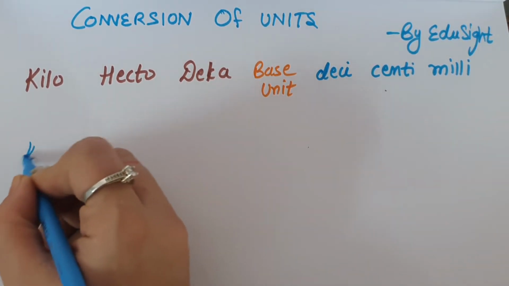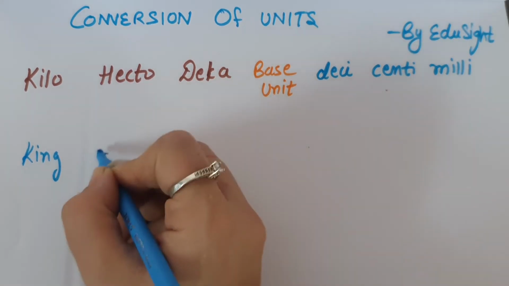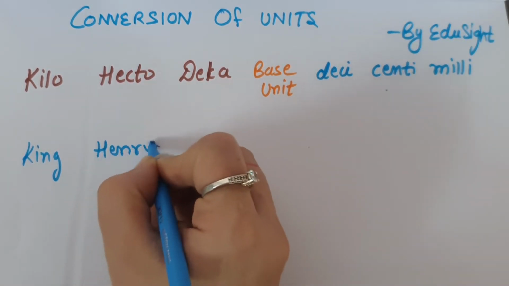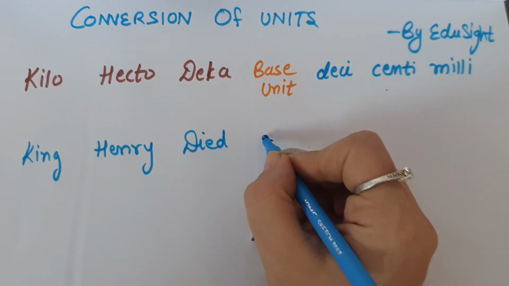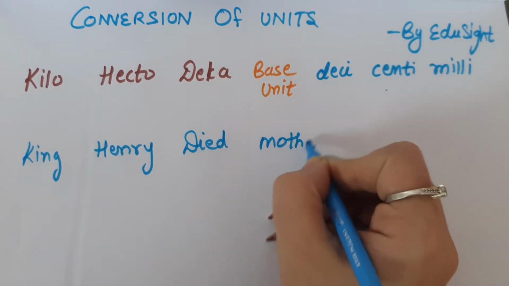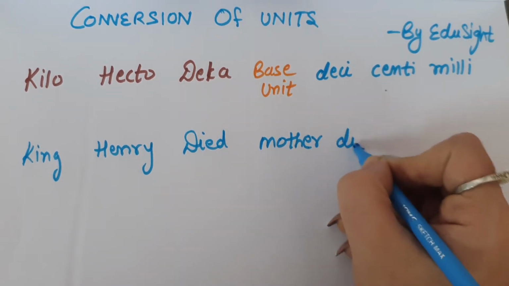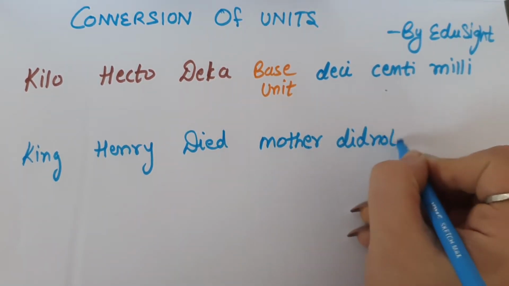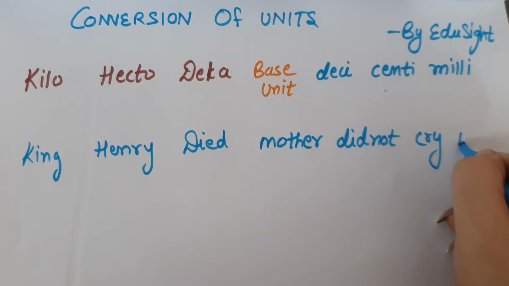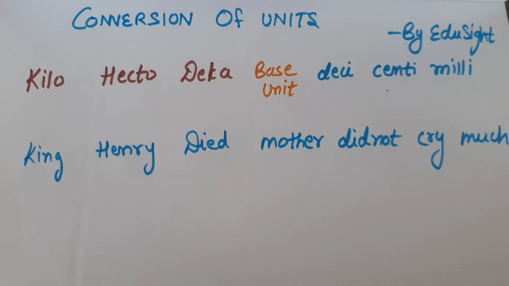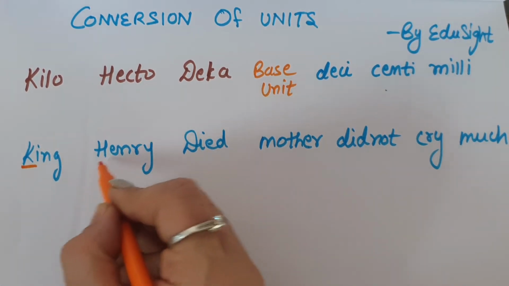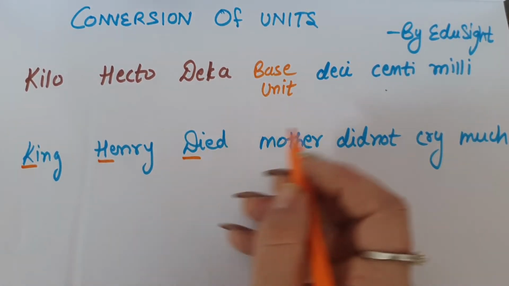K means king, Henry died, mother did not cry much. So you can see here K for kilo, H for Henry, D for deca.